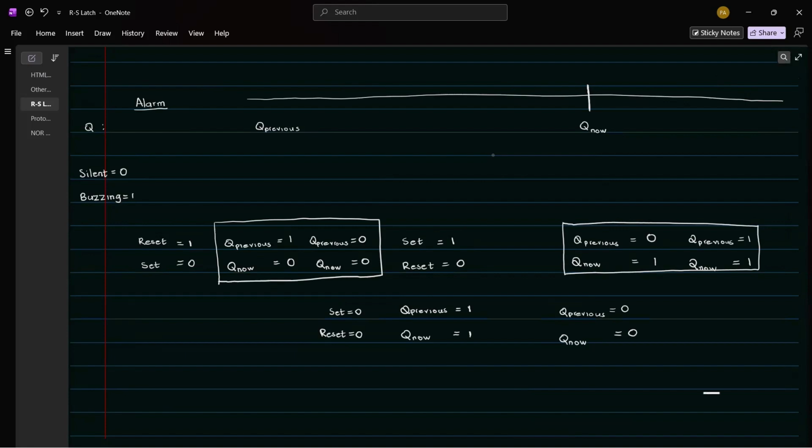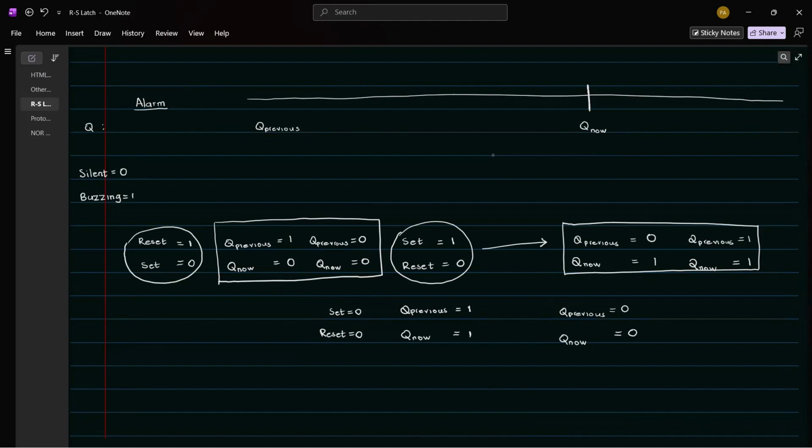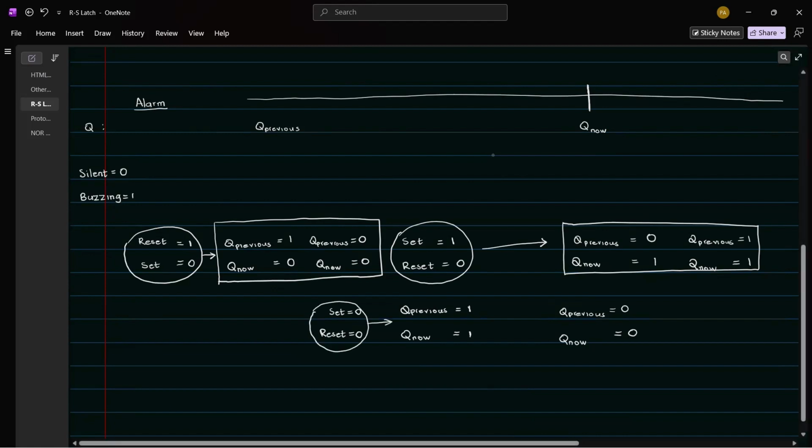But if it was not buzzing earlier, when the set operation happens, it will start buzzing. Similarly, if the alarm was already buzzing and you reset it, it will stop buzzing and become silent. If you do not do anything, it will keep being what it was earlier.